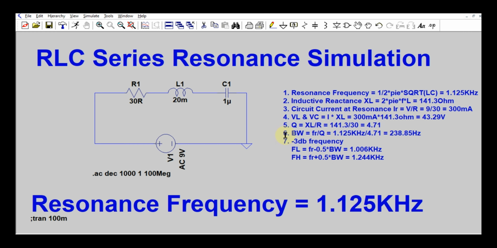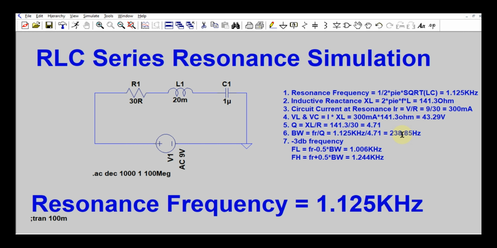My sixth parameter is bandwidth. The bandwidth for the RLC series resonance circuit is given by the resonance frequency divided by the quality factor. If you calculate this, the resonance frequency is 1.125 kilohertz divided by the quality factor 4.71, so we'll get the bandwidth as 238.85 hertz.